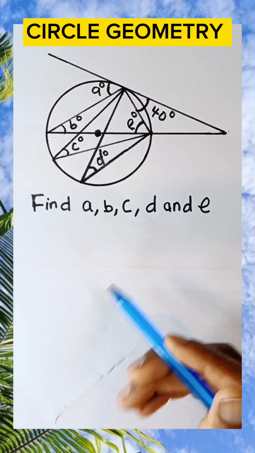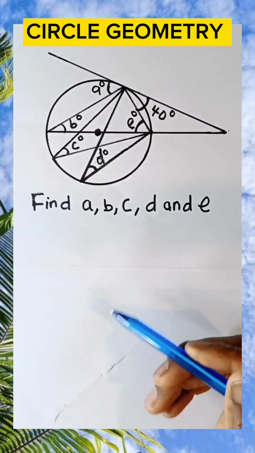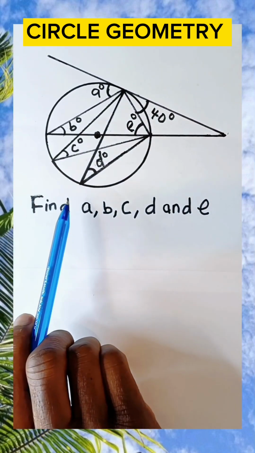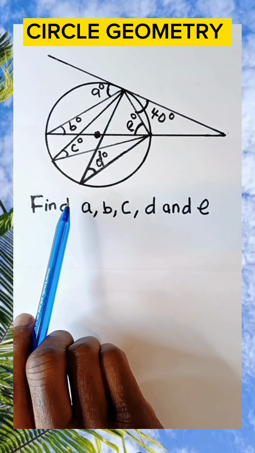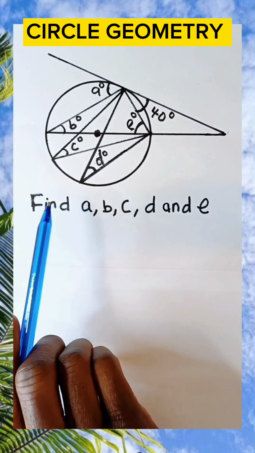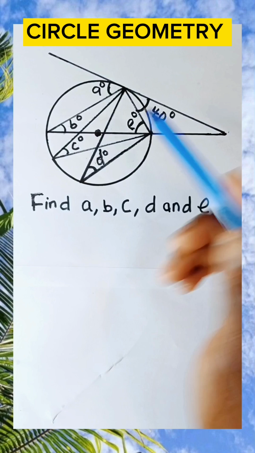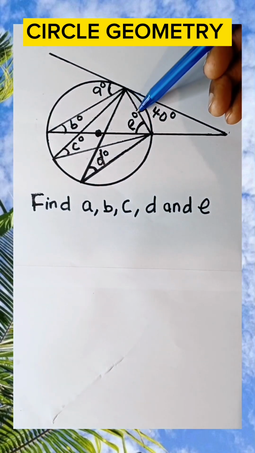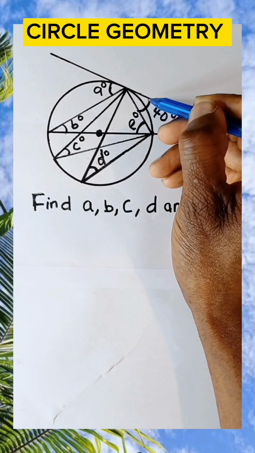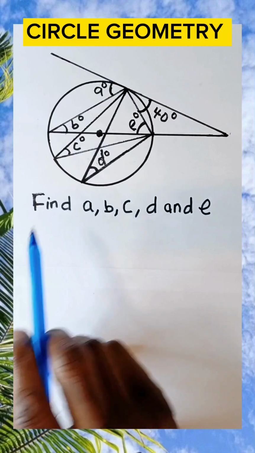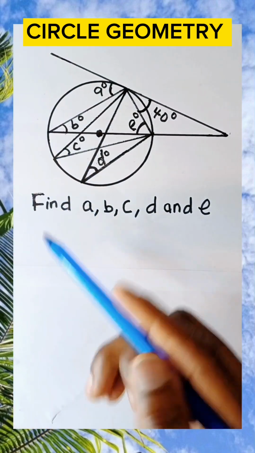Another theorem we need to know is the alternate segment theorem. The theorem says that the angle between the tangent line and a chord is equal to the angle in the opposite segment. This is a tangent line and this is a chord. So this angle between the tangent line and the chord is equal to the angle in the opposite segment.